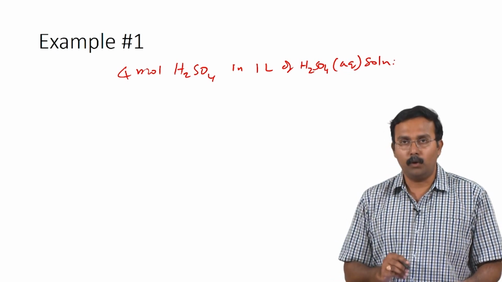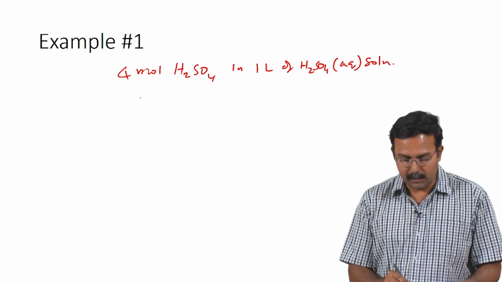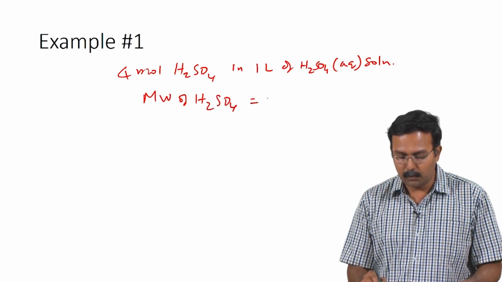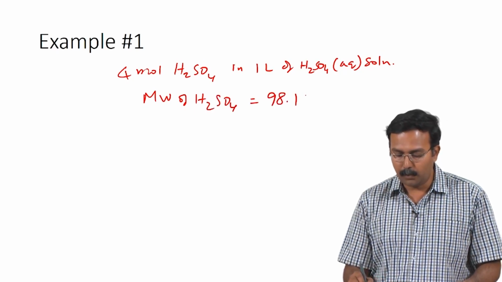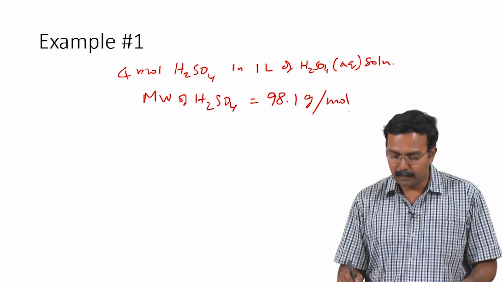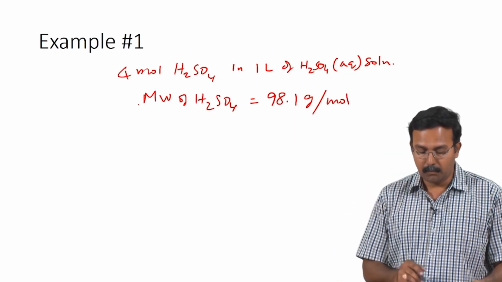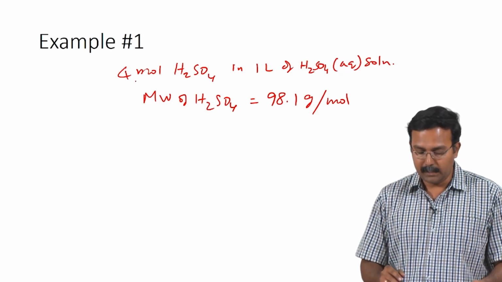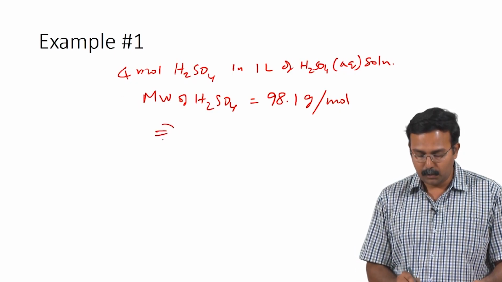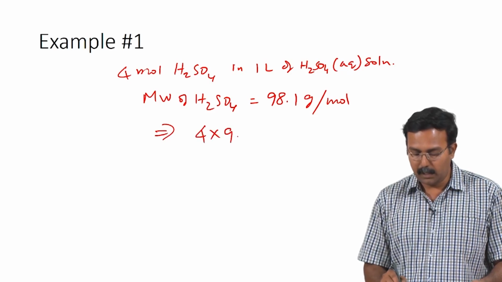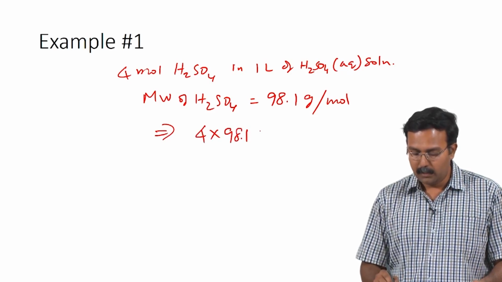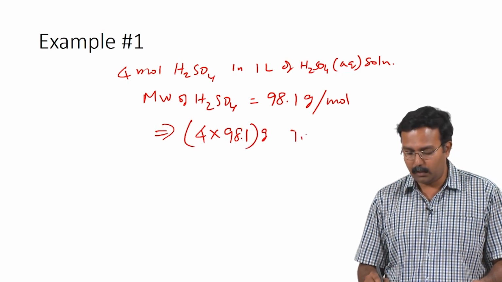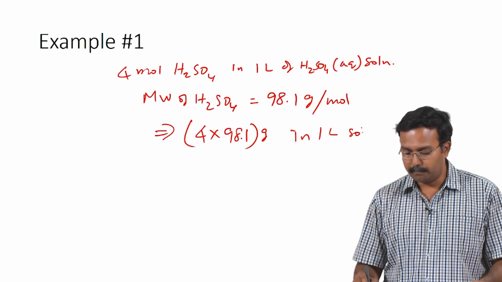So let us look at what is the molecular weight for sulfuric acid. So molecular weight of H2SO4 is equal to 98.1 grams per mole, and this molecular weight would imply that 4 moles of sulfuric acid present in 1 liter means that 4 times 98.1 grams of sulfuric acid has to be dissolved in 1 liter of solution.